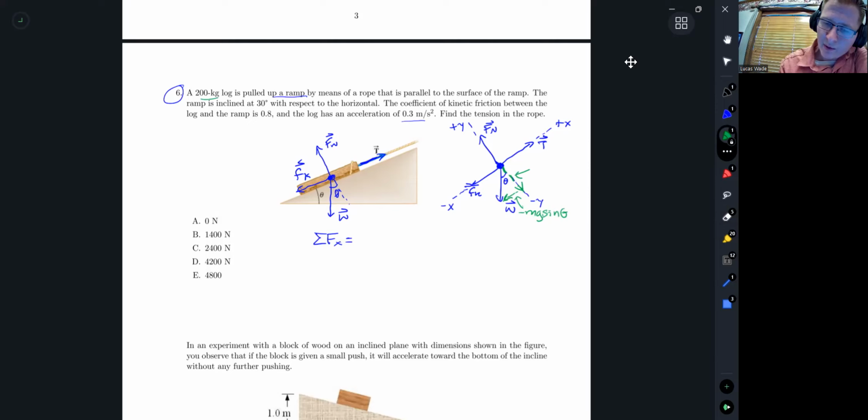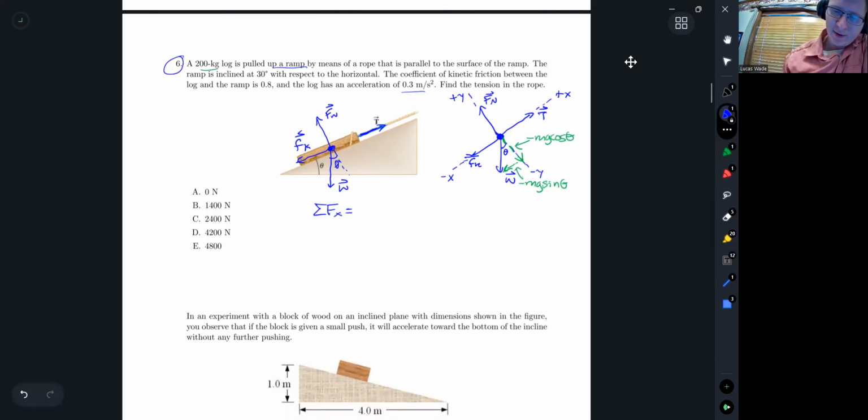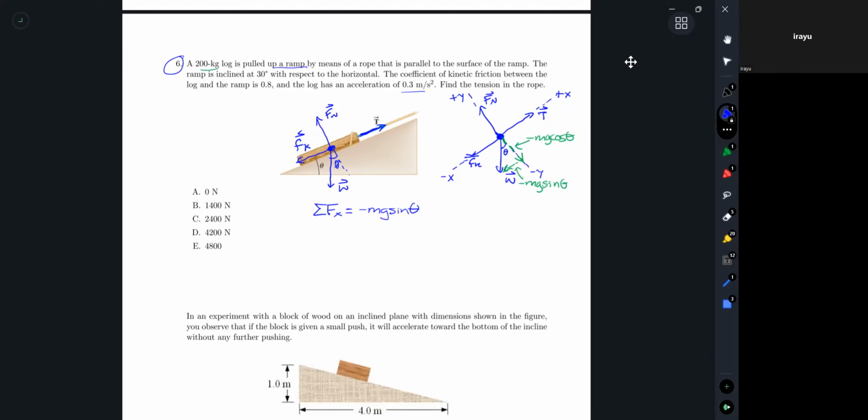What about this component? What is this one? Negative mg cosine theta. Yep. And again, negative because it's going towards the negative y direction in that case. So you said we've got negative mg sine theta. What else? The kinetic friction, negative kinetic friction.